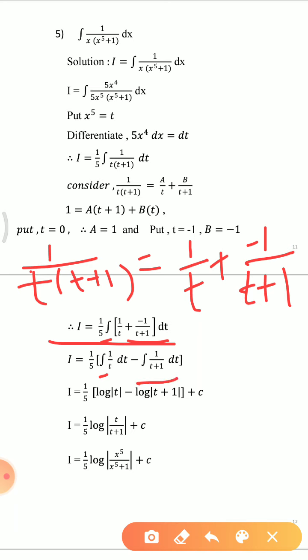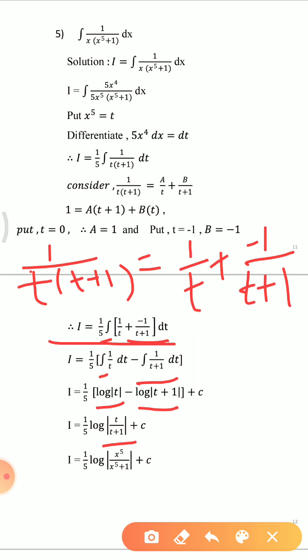Then find the integration. This 1 upon 5 is a constant as it is here. Integral of 1 upon t is log of mod of t, minus integral of 1 upon (t plus 1), which is log of mod of (t plus 1), plus c. Then we apply the logarithm property, log a minus log b is log of a upon b, that means 1 by 5 log of mod of t upon (t plus 1) here.